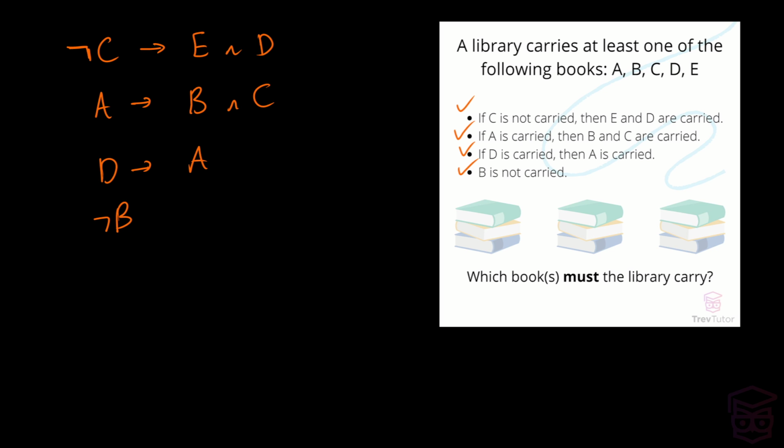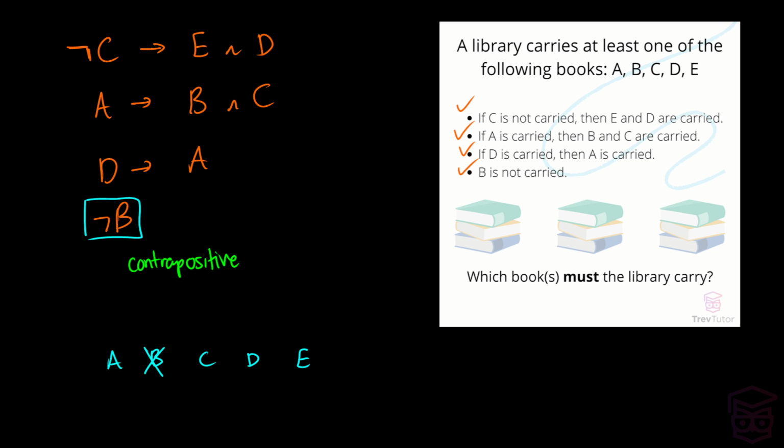We're going to start with this piece of information that we don't have B. So let's put A, B, C, D, and E at the bottom, and say B is definitely not in. To solve this, we need to make use of something called the contrapositive. For any conditional statement, you can negate both sides and flip the order, and that's called the contrapositive.